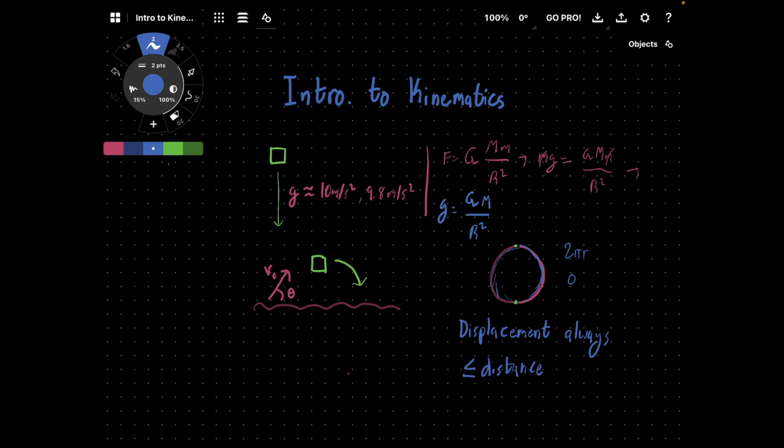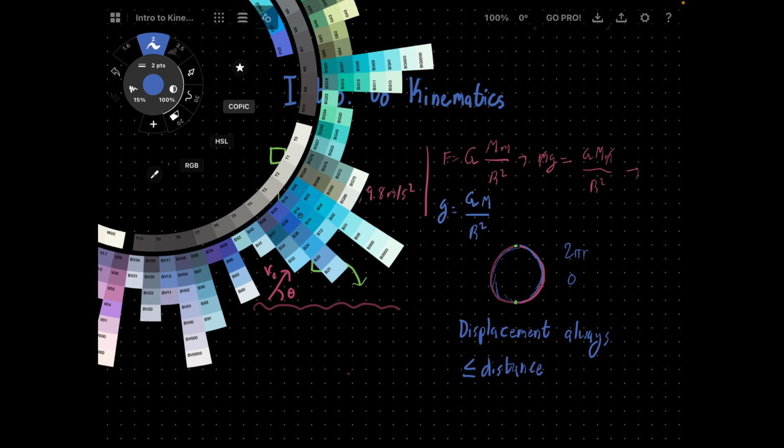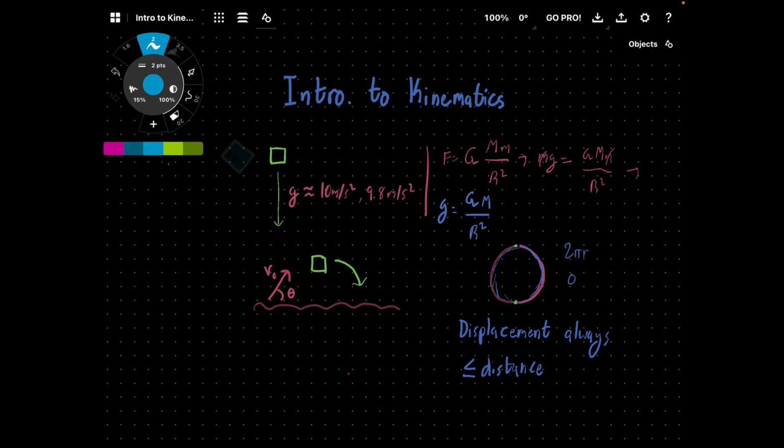We can go on to writing the final few formulas that we're going to use in this video. I'm going to write them on the left hand side over here. The first of these formulas is that the average velocity is equal to the displacement, sometimes denoted delta x, divided by the time.